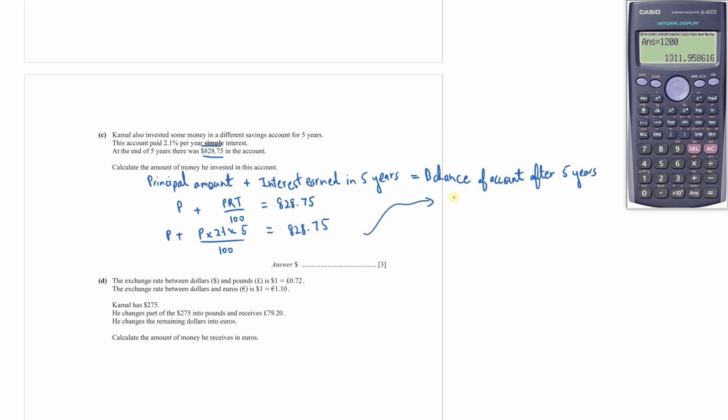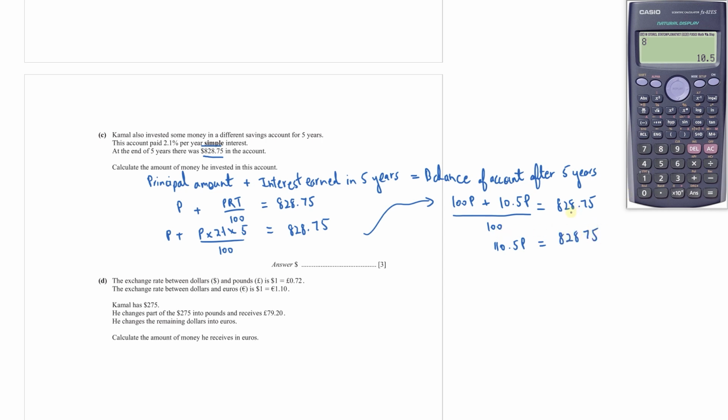So if I take the LCM, I will get 100P plus 5 into 2.1, which is 10.5P, over 100 equals 828.75. So this will be 110.5P equals 828.75 multiplied by 100.